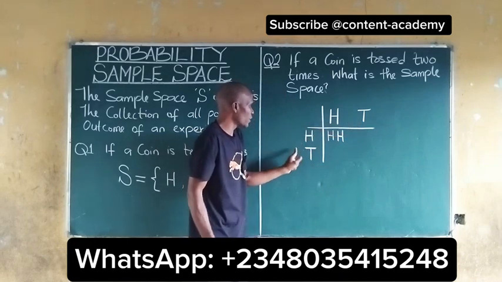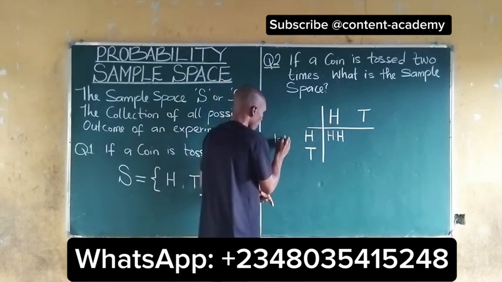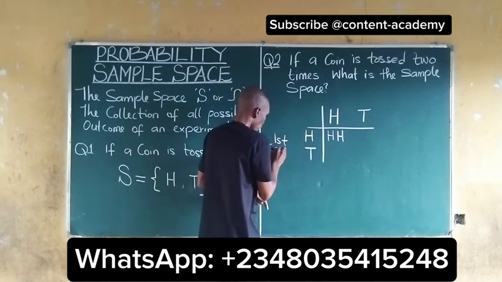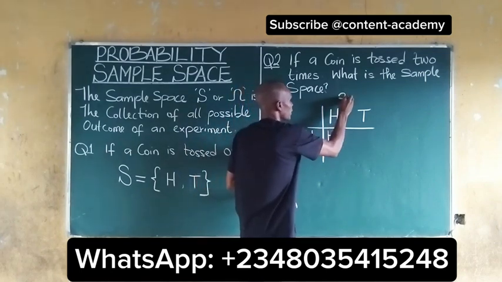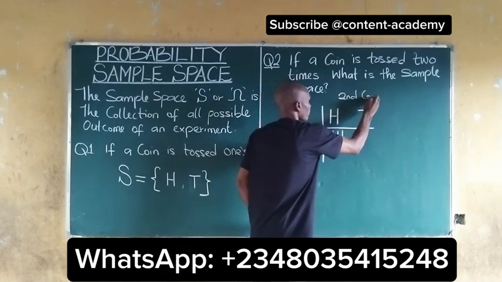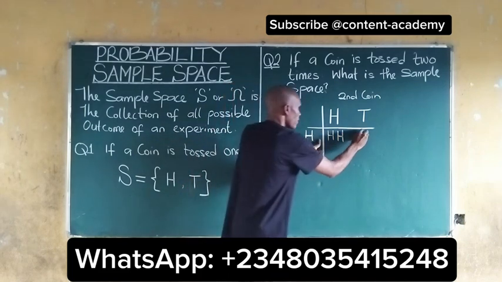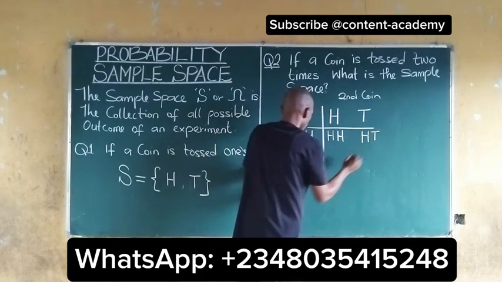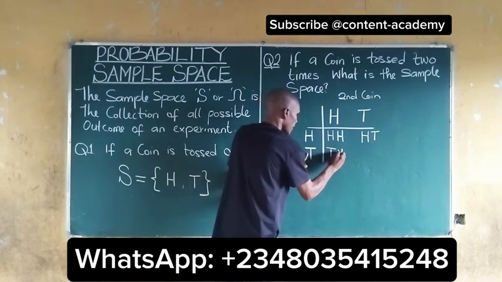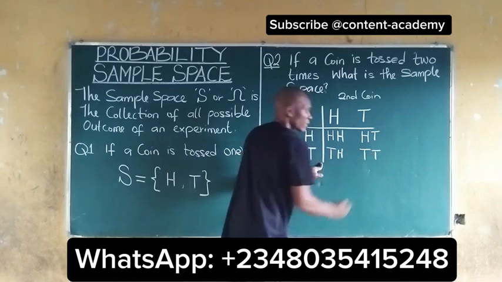This is the first coin, this is the second coin. Now the sample space will have, if you combine them, head, head, head, tail, tail, head, and tail, tail.